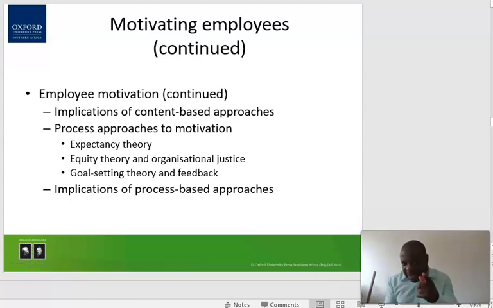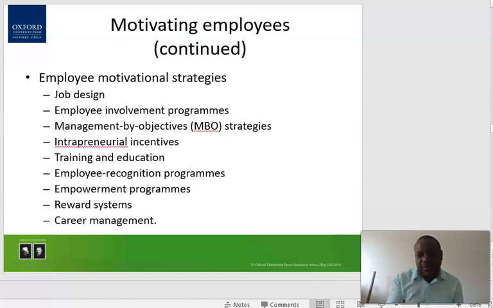It is a typical example of the goal setting theory, where you include employees in goal setting. And once they feel that they are part of setting goals, they may be motivated to achieve and to prove that they are able to do it. So these process theories, you also ought to understand them and to read them in your textbook.